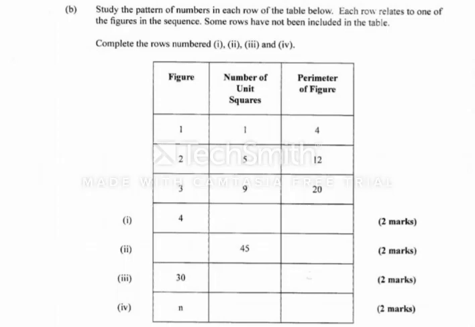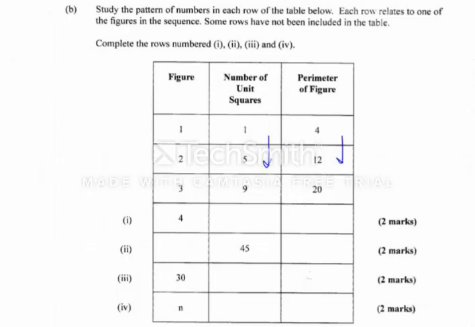Essentially, this is what I've observed about the columns. In the middle column, you get to the next number by adding 4.